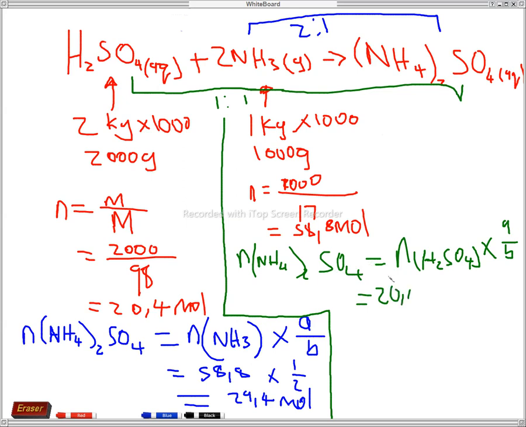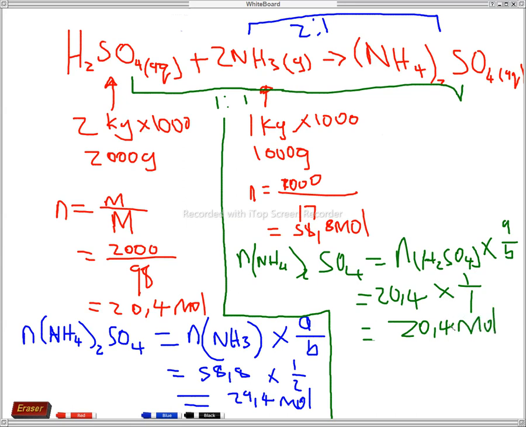There is 20.4, which is this one, multiplied by the ratio of the coefficients, which is 1 and 1. My answer here is, let me just verify it. No, the answer is 20.4. I'm tired indeed. Why do I want to verify this? Because 1 divided by 1 is 1, and 1 times 20.4 is going to be 20.4.